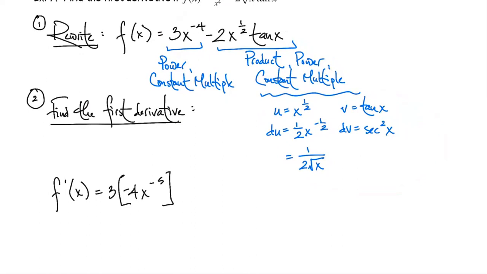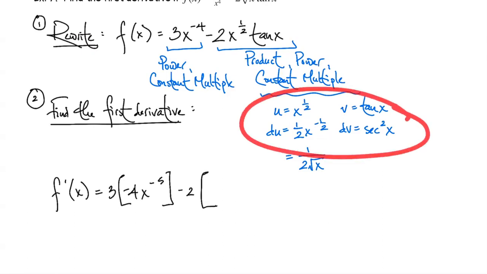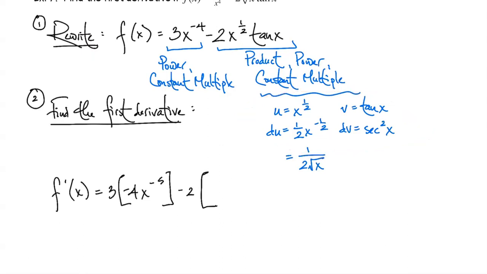So that first term we've taken care of. Minus 2 times, we're going to plug in things into our product rule. u dv plus v du. And we'll get x to the 1/2 secant squared x plus 1/2 root x tangent x.